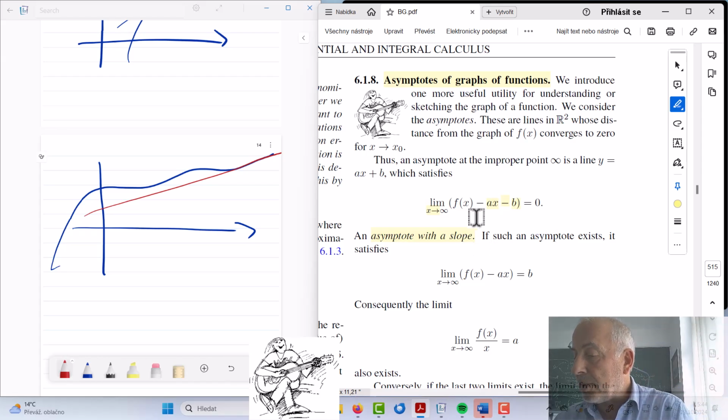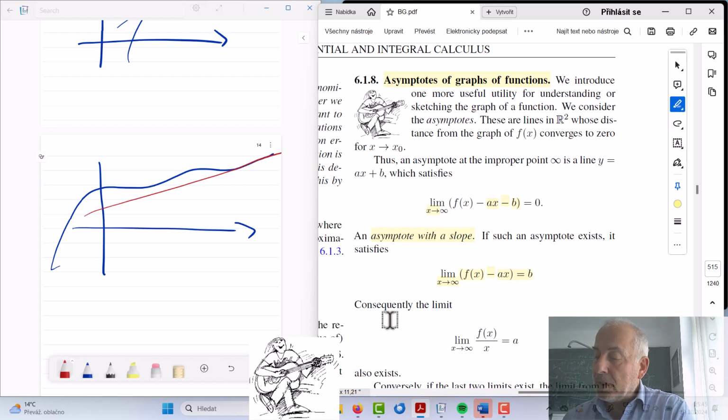And if such a limit exists, then definitely, because b is a constant, it's equivalent to this. So having an asymptote with slope must mean that the limit of f(x) minus ax exists and is equal to some real number b.